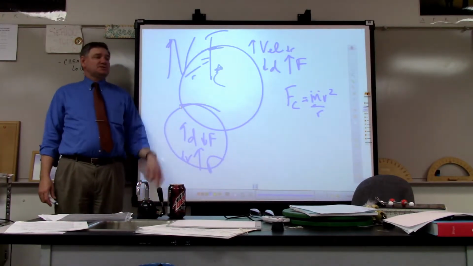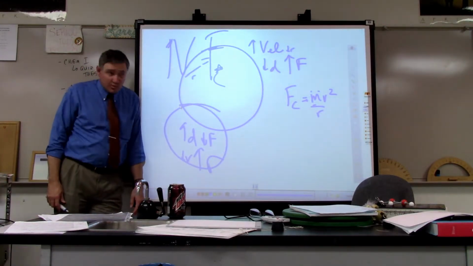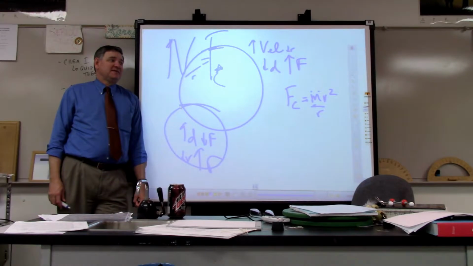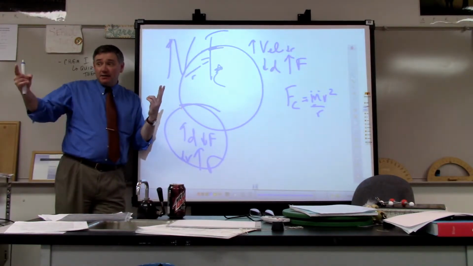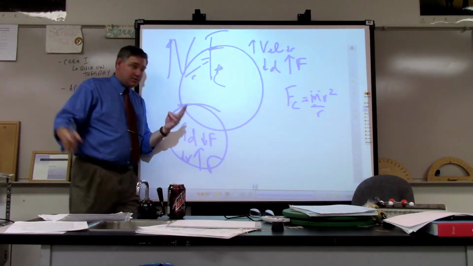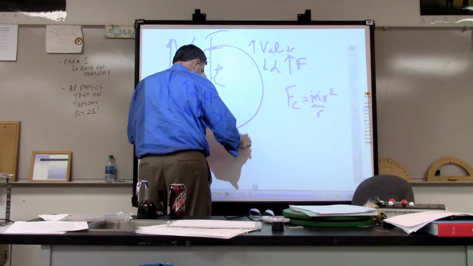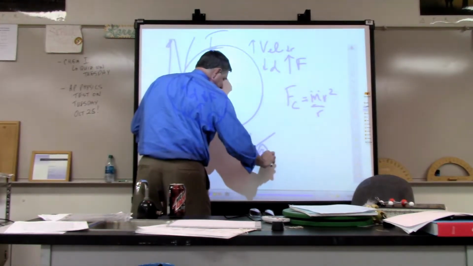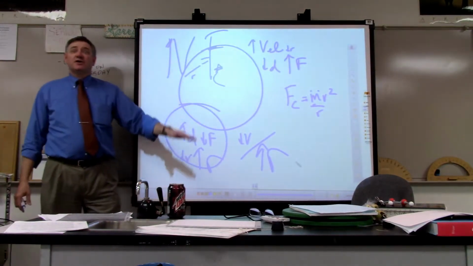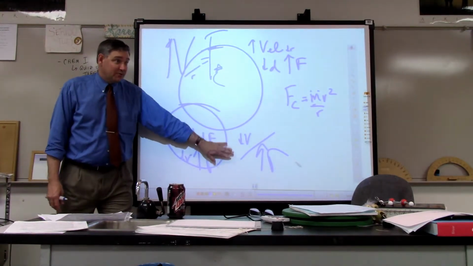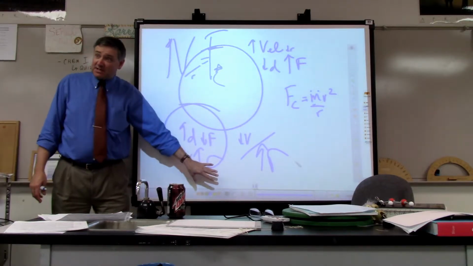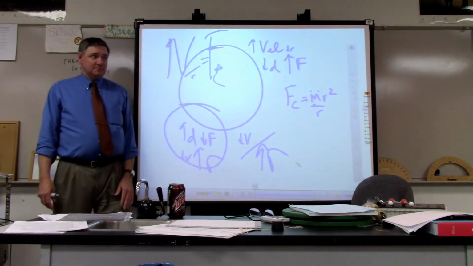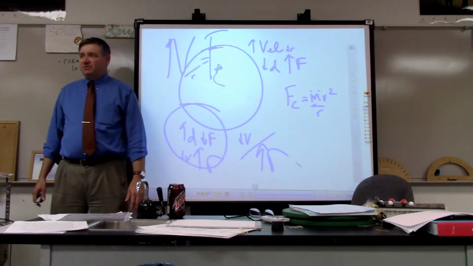Do you need as much centripetal force? No. Why? Radius is bigger and velocity is smaller. So out here I've got a smaller velocity dividing by a bigger radius, so I don't need as much centripetal force, but conveniently gravity is getting weaker because there's a greater distance between them.